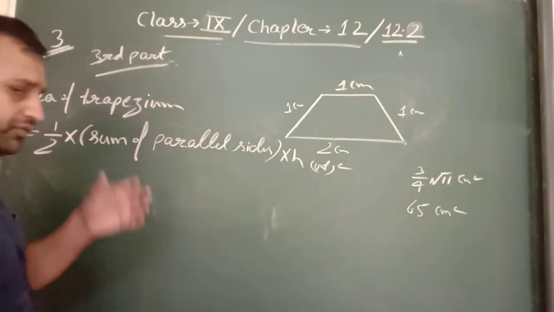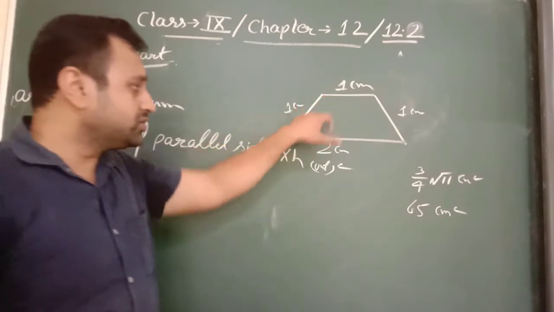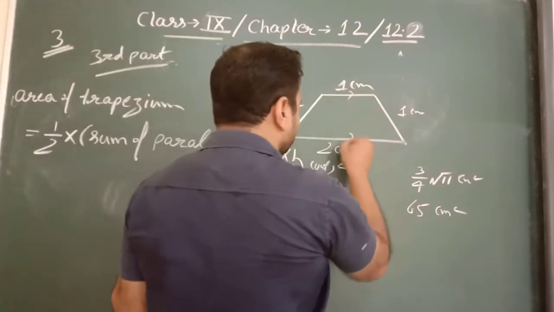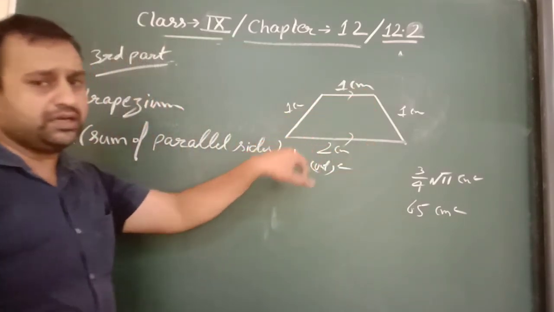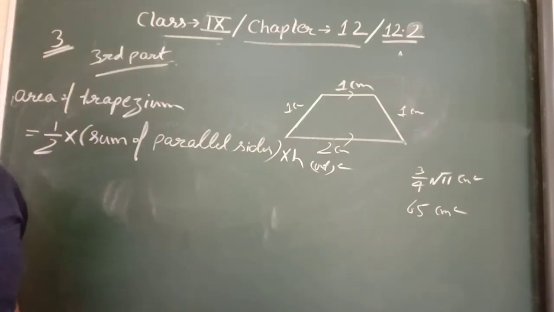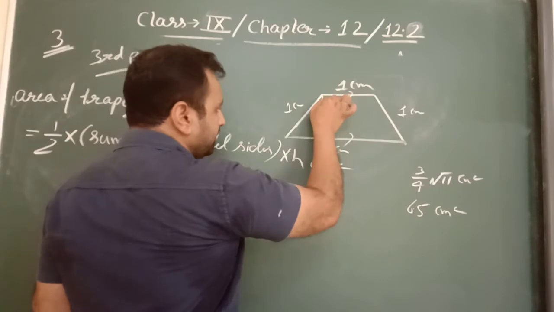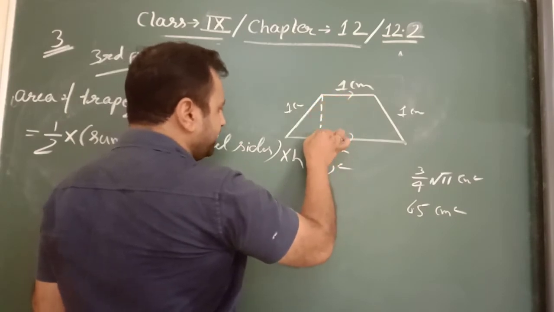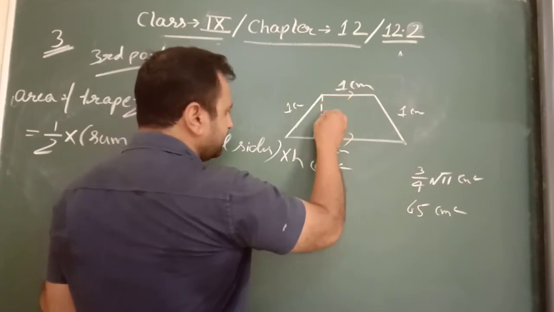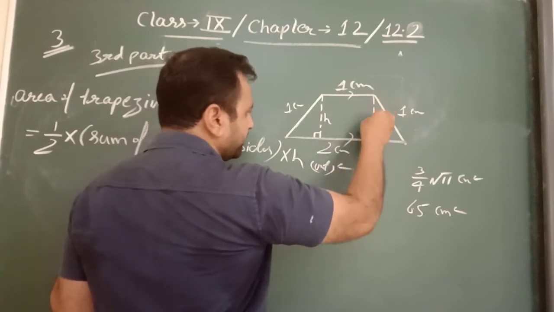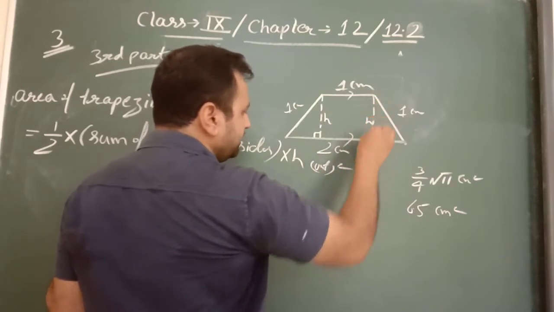In this trapezium, two parallel sides are given but their height is not given. So firstly we find out height and then area, and we draw a perpendicular which represents height.